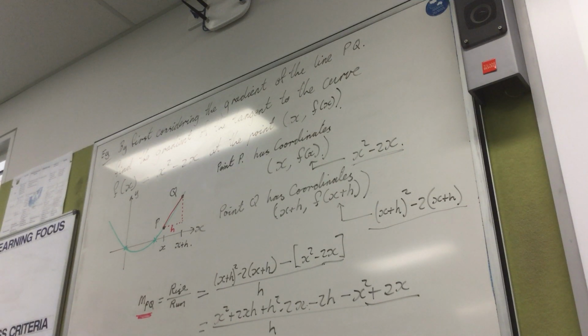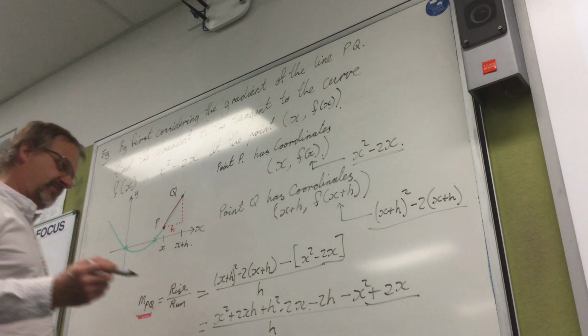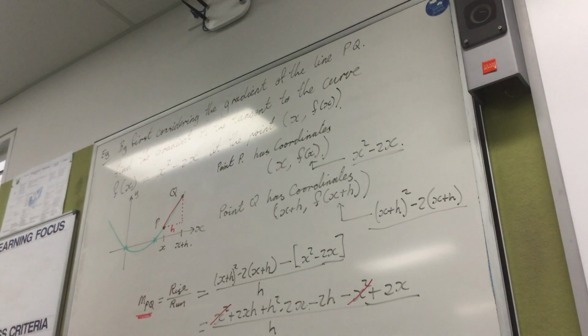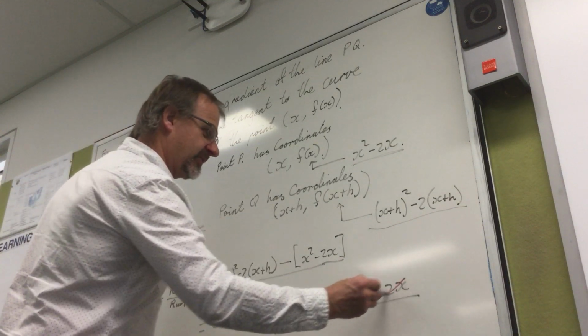Now, what do you notice on that top line there? You can simplify it because you've got an x squared and you're taking x squared, you've got minus 2x and you're adding 2x.